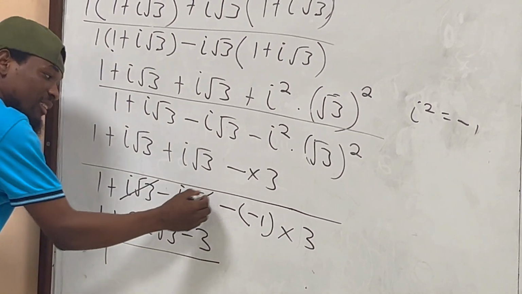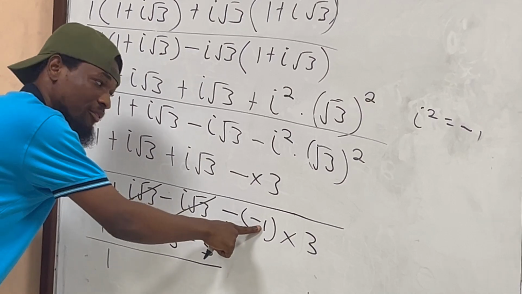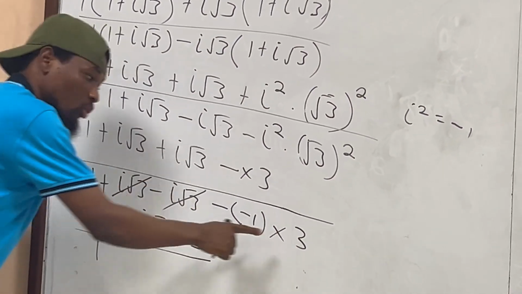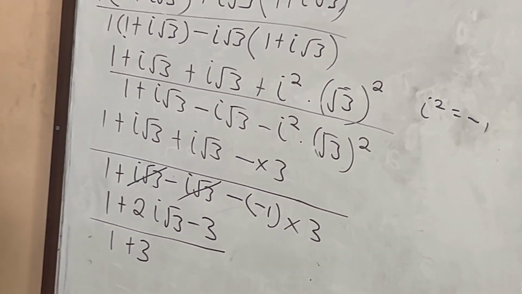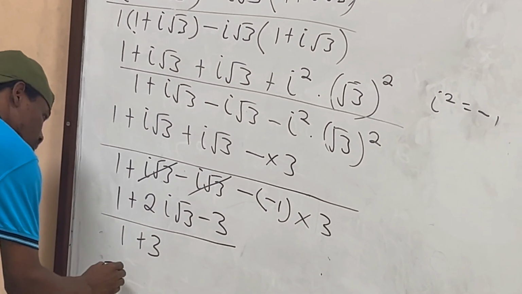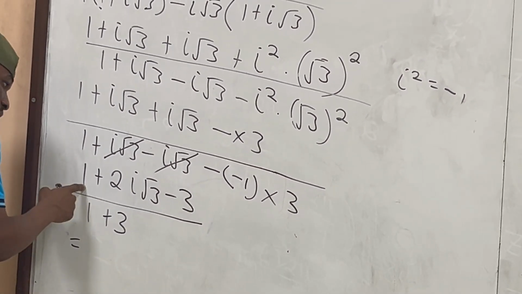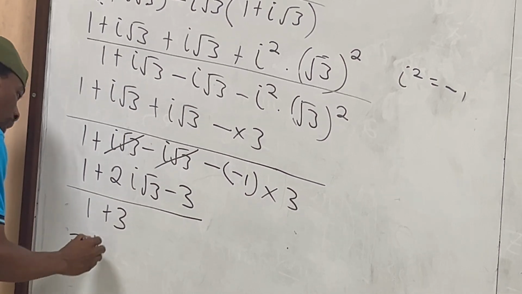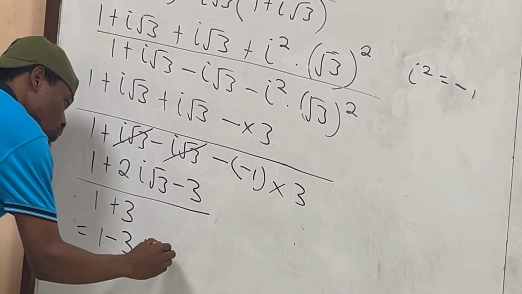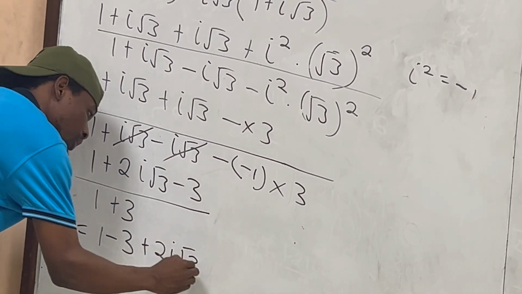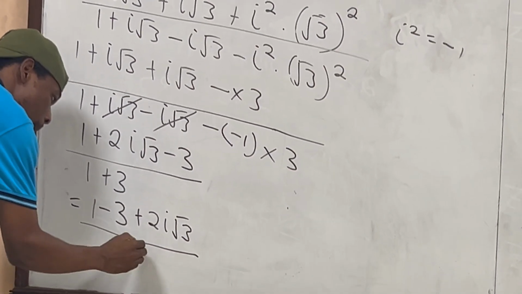positive i√3 cancels negative i√3. So we have negative by negative gives positive, and positive 1 times 3 is 3. So therefore I have, let's do like terms, 1 − 3 plus 2i√3 all over 3 plus 1, which is 4.